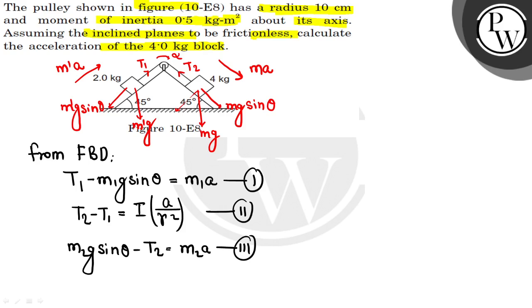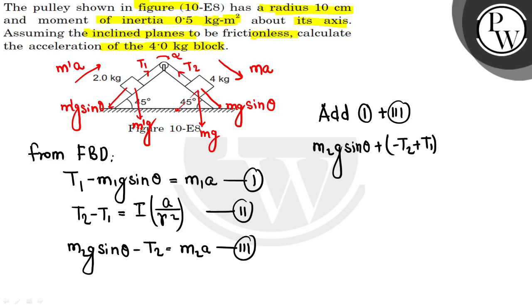Now we are adding equation number 1 and equation number 3. So adding 1 and 3, we are getting m2 g sin theta plus minus of T2 plus T1, which is minus of m1 g sin theta, and on solving this part, we are getting m1 plus m2 multiplied by a.